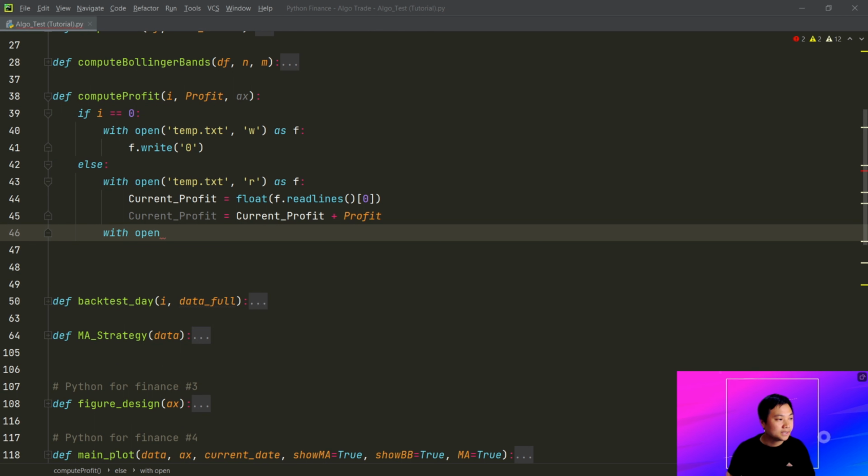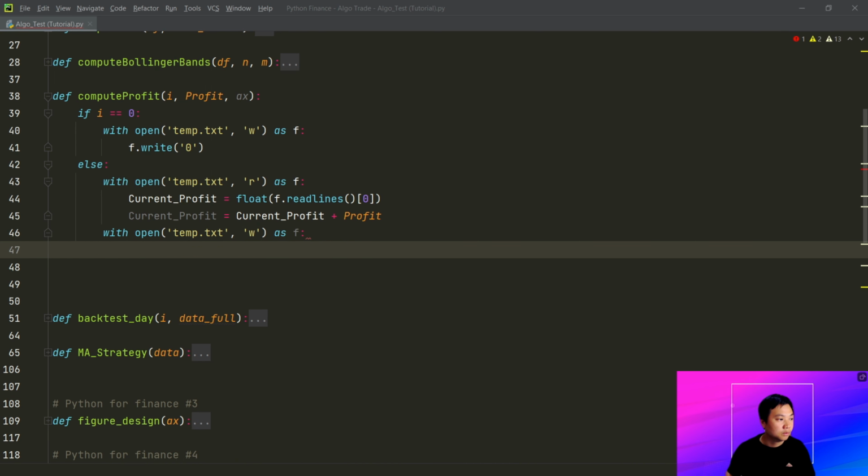And I will write this back to this temp file.